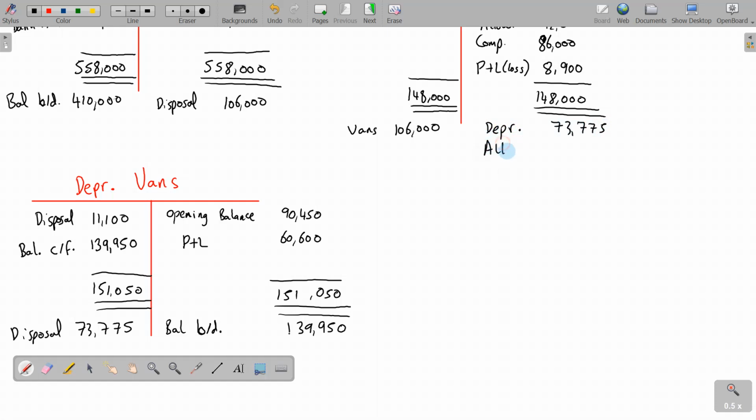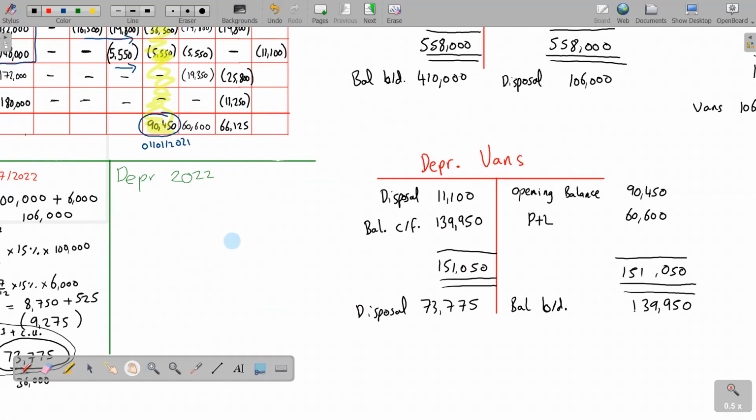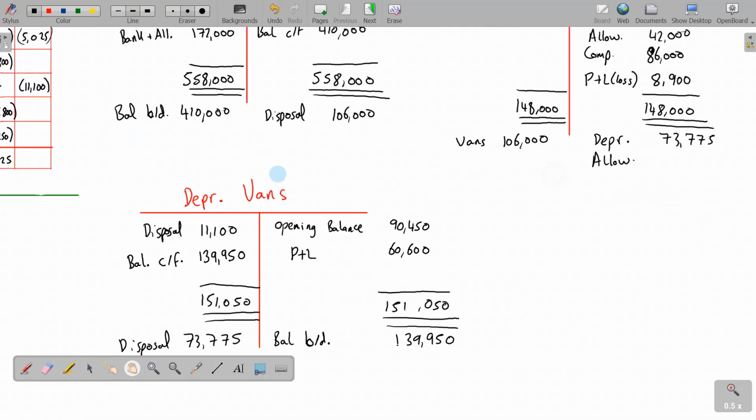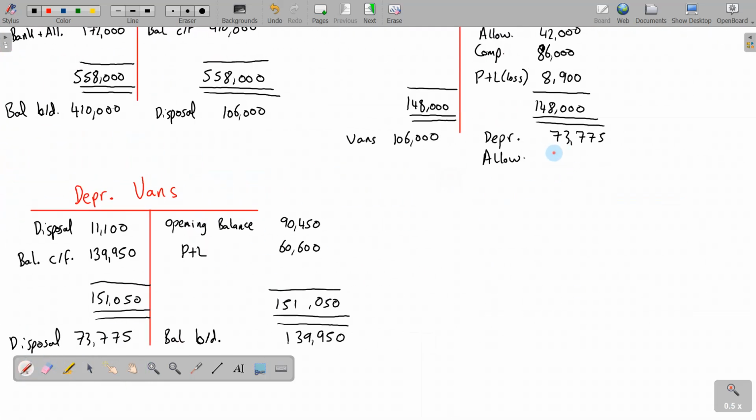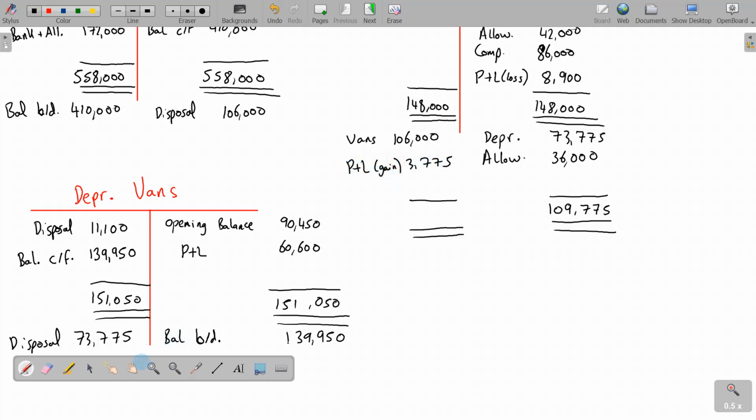We then had the allowance. They told us straight off what the allowance was, 36,000. We had 109,775, so we had 3,775 going to our P&L as a gain. Perfect. Now the disposal account is done.